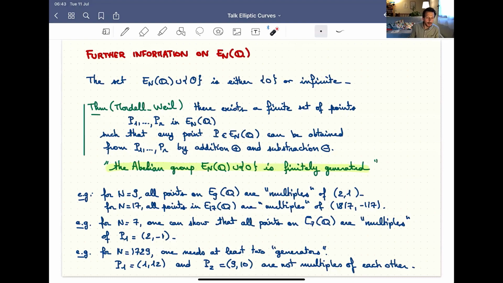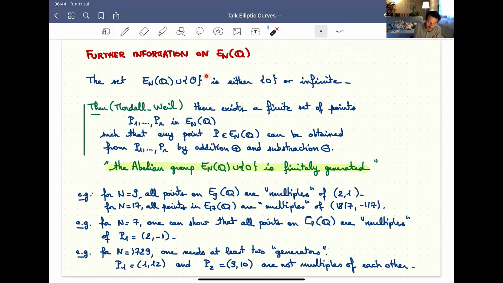So one further thing, which is a very important theorem for elliptic curves. As I just said, we know something about the set of solutions. The set of solutions is either empty or infinite.